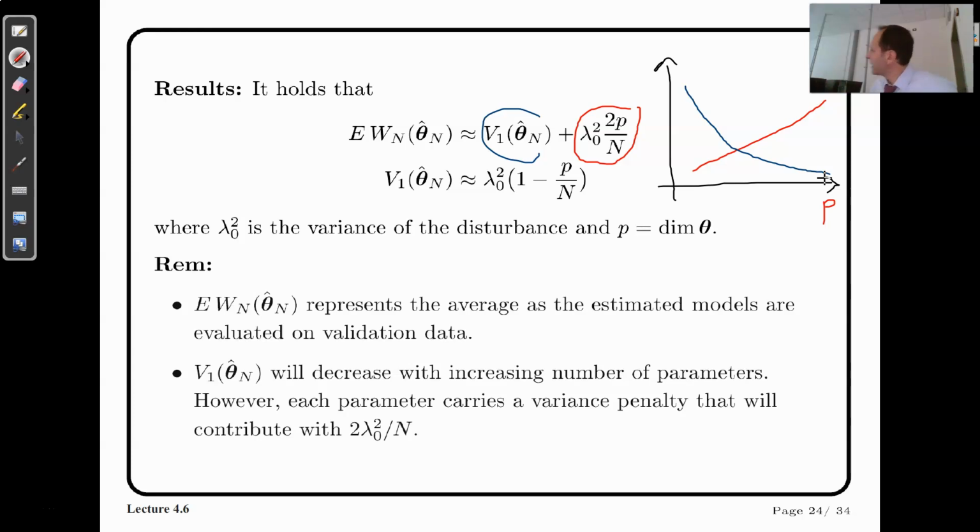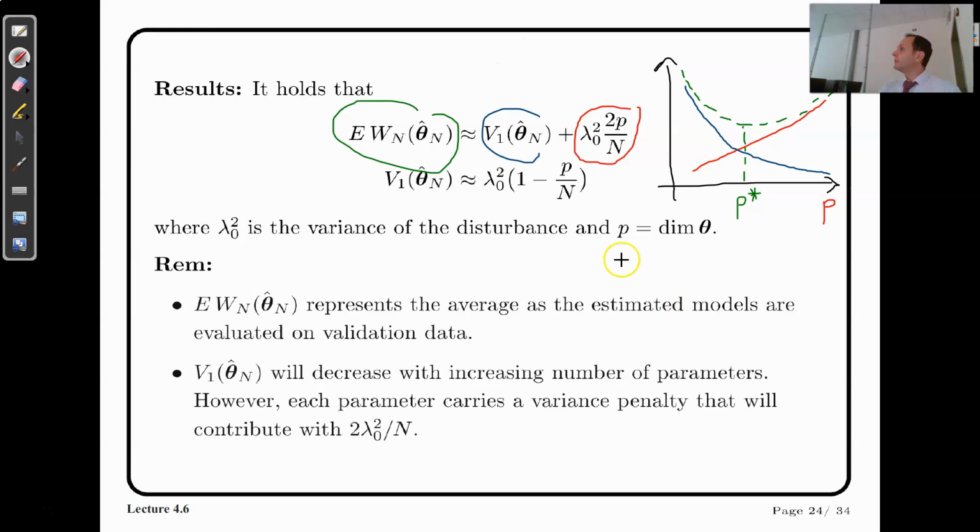So this function can have this form, something like this. So it indicates that there is an optimal number, I can call it P star, which is the optimal number of parameters.